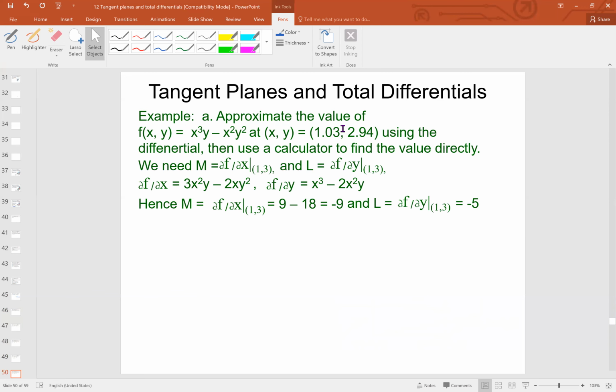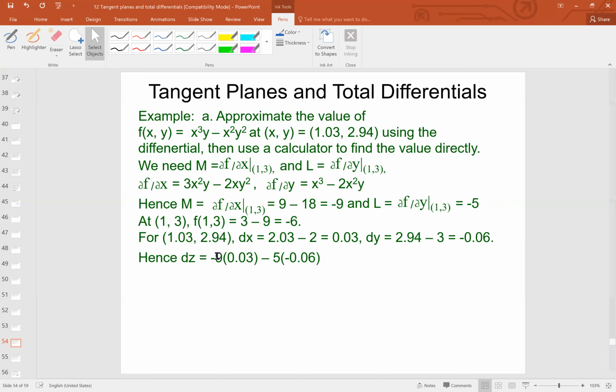And then I multiply dx, dy respectively by the slopes, m times dx, L times dy, and that's the total change in z. So I get the total differential change, 0.03, from the original output at (1, 3). The original output at (1, 3) is minus 6, so plus the change, the approximate value we arrive at is minus 5.97.